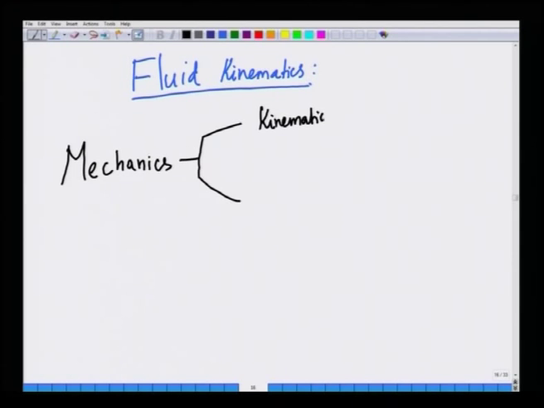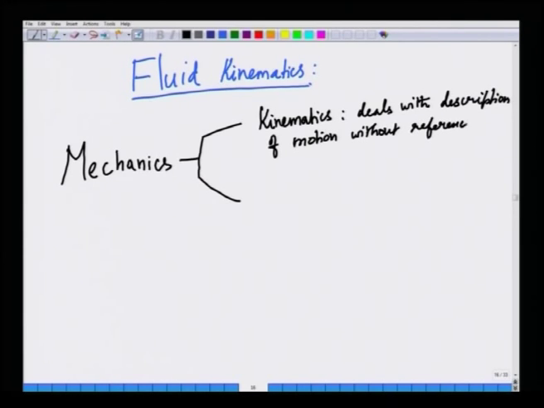Kinematics is the subject that deals with description of motion without worrying about or without reference to the forces that cause them.